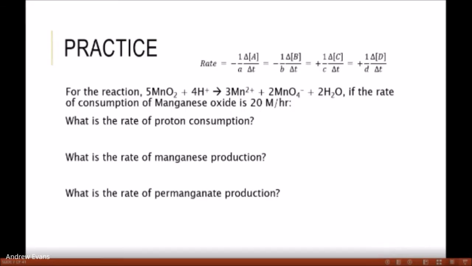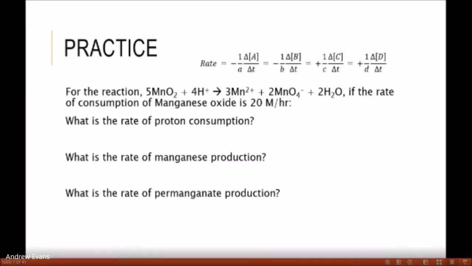So 5MnO2, 4H+, goes to 3Mn2+, 2 permanganate, and 2 water. And we say the rate.